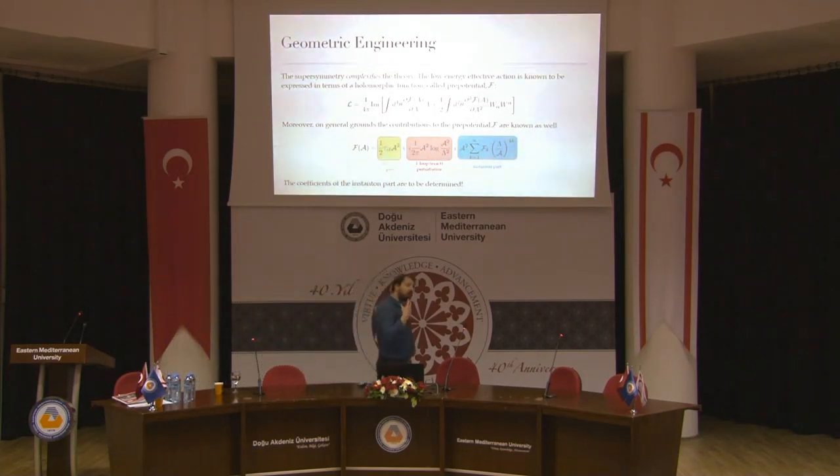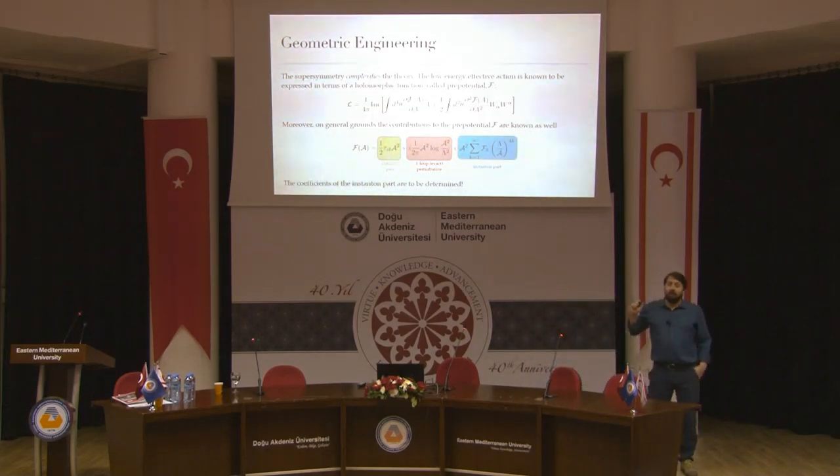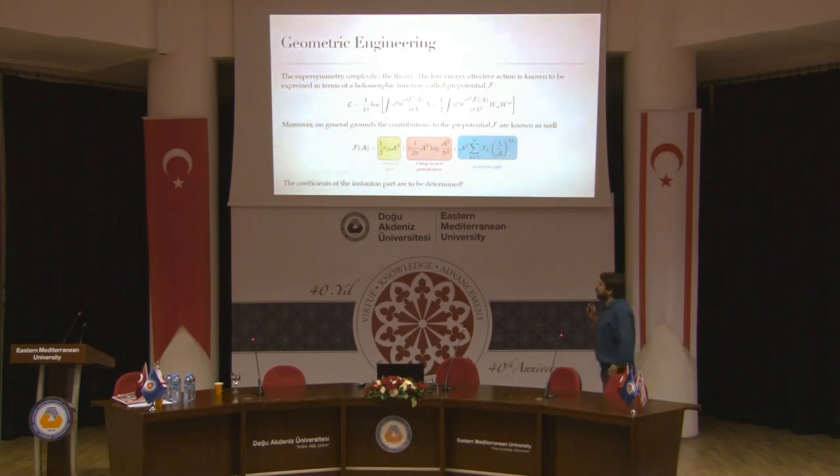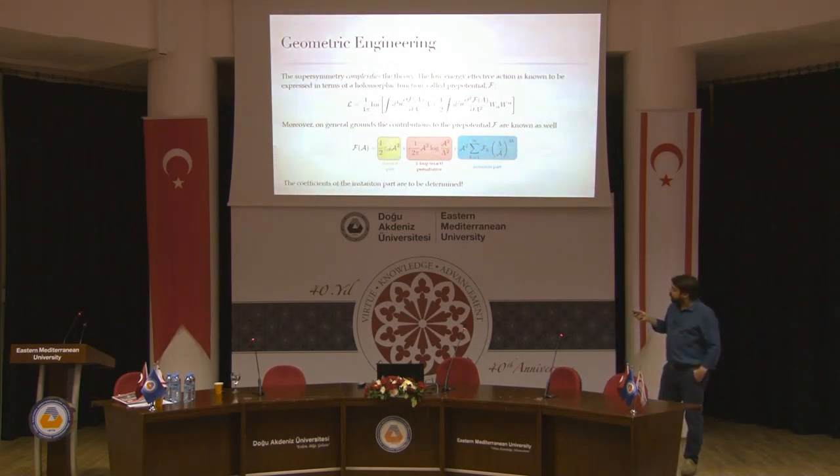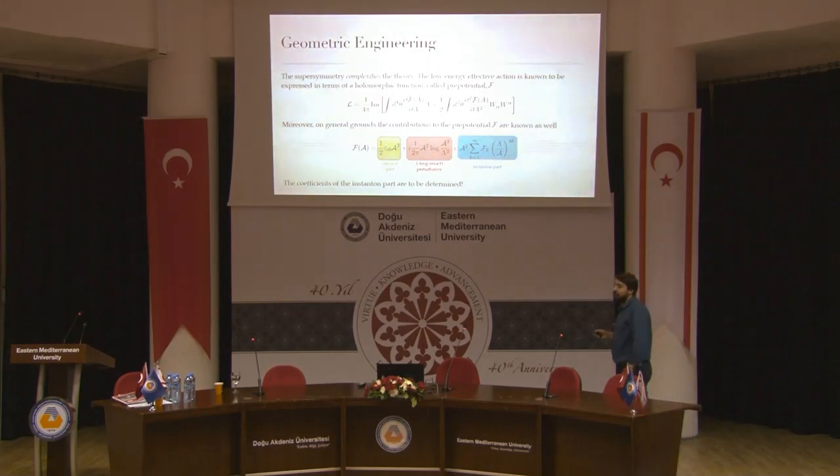And people also knew how to write down the prepotential. People knew it had 3 contributions. The first one is the tree-level classical part. Then there is a one-loop perturbative part, and it's been a lucky result that the perturbation series truncates at one loop. All higher loops are identically zero because there is a perfect cancellation between the fermionic and bosonic contributions, which come with different signs. They cancel each other perfectly, and you just have a one-loop computation.